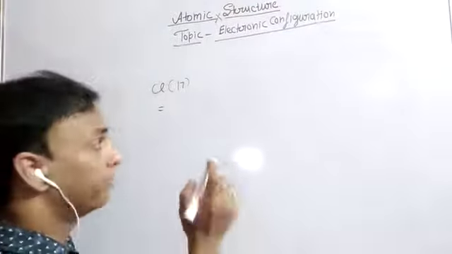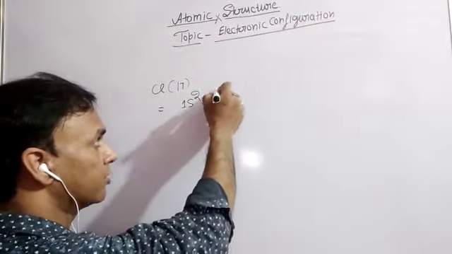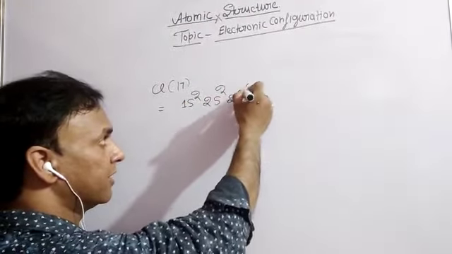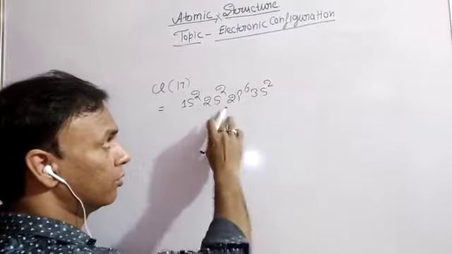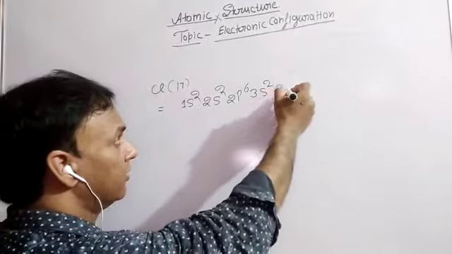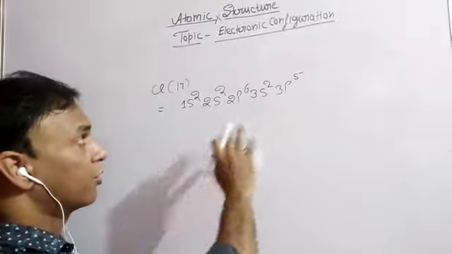According to the Aufbau principle the configuration is 1s2, 2s2, 2p6. After completing 2p6, 3s2 and 3p5.